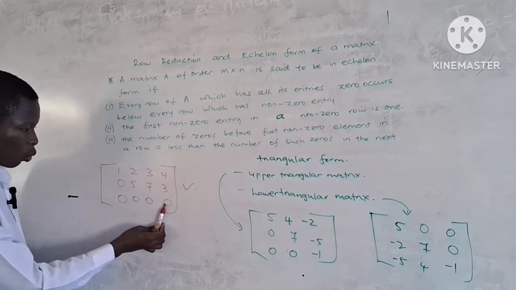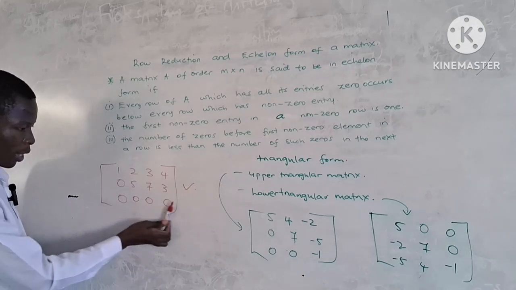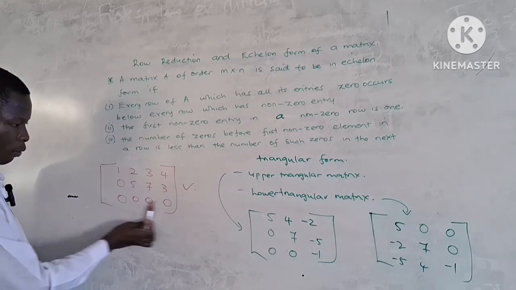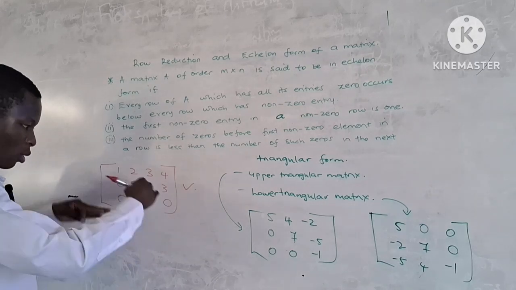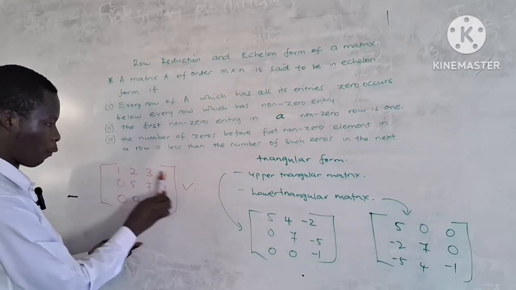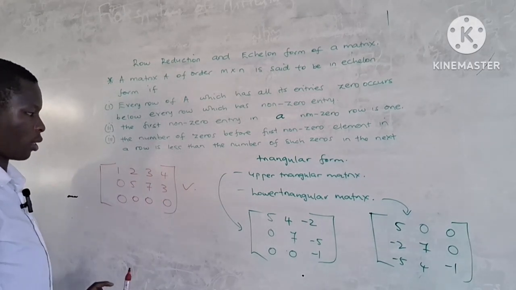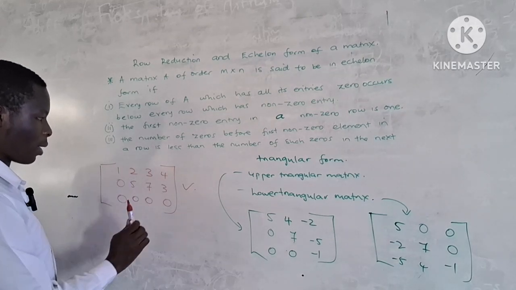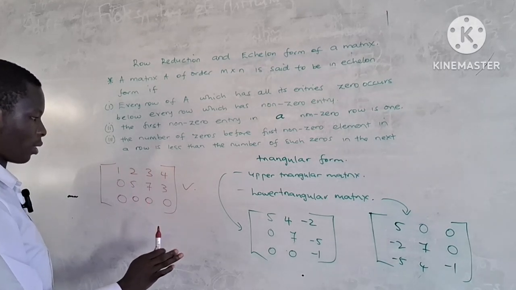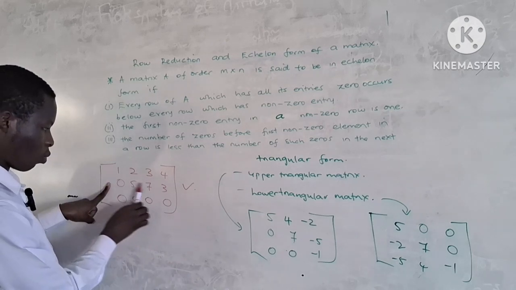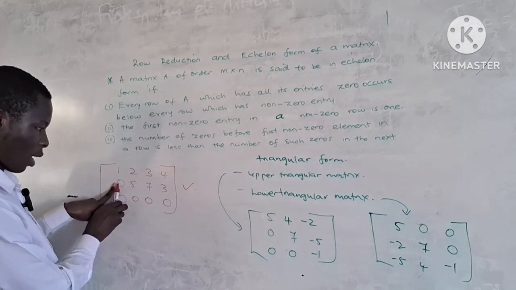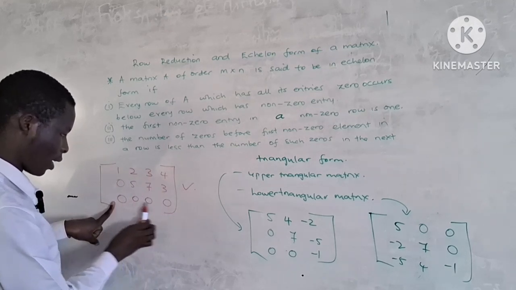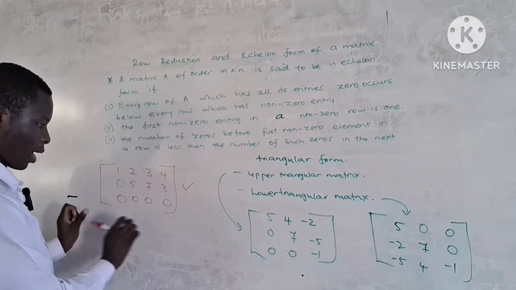The row with all the elements zeros, if you check, all the elements of this row are zeros. That's why it is below the non-zero entry rows. This other row has only one 0 element, and this one has all its elements zeros.